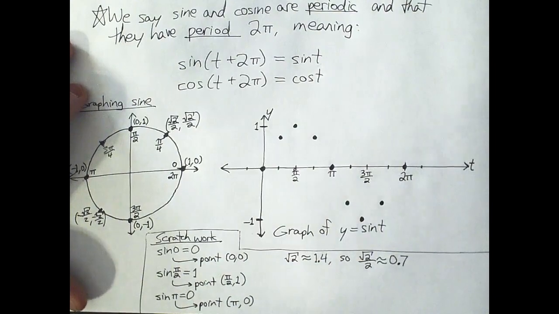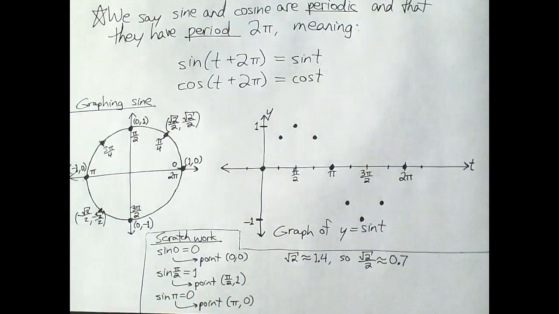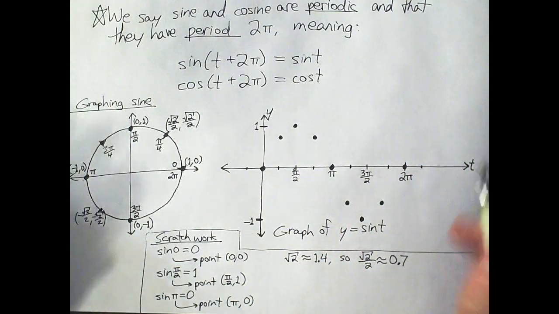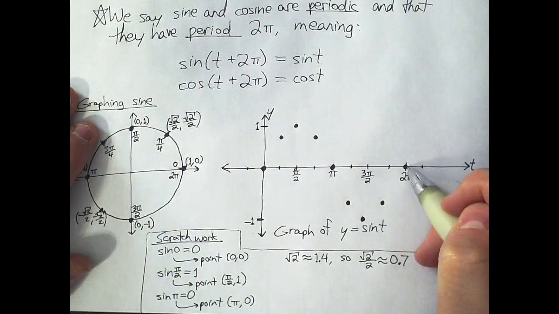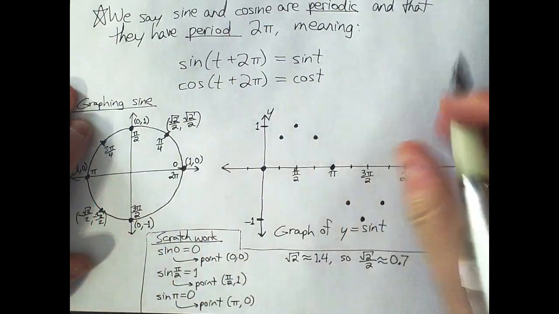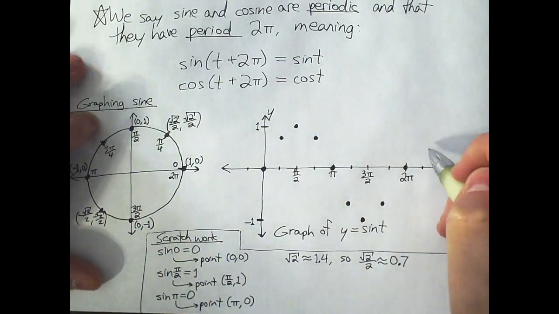So altogether, what do we have? About 9 points here. But like I said, you could imagine all the points that are in between. Also, you could keep going to the right. What if I went further after 2 pi? If we kept going, we would start getting the same points again.